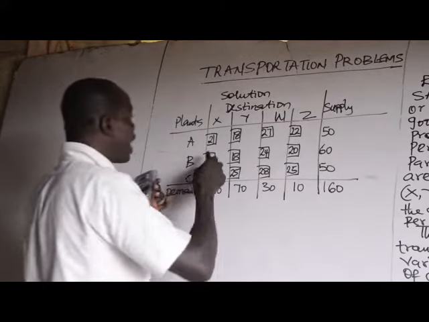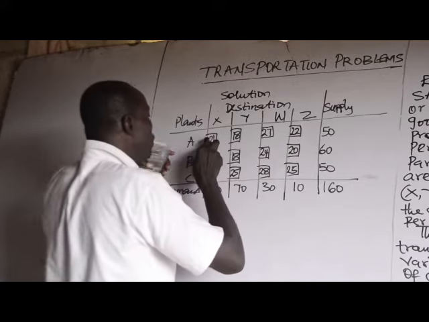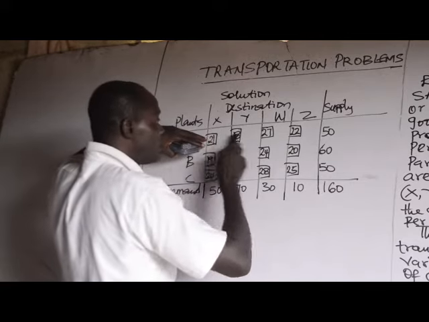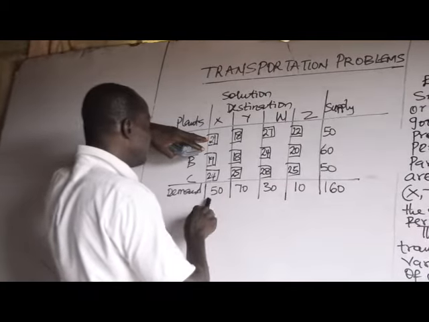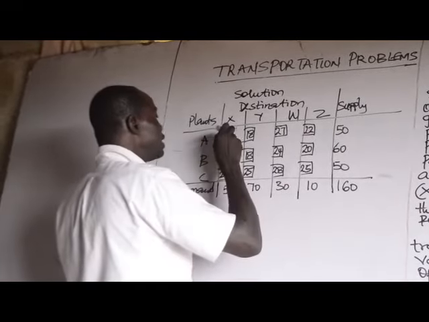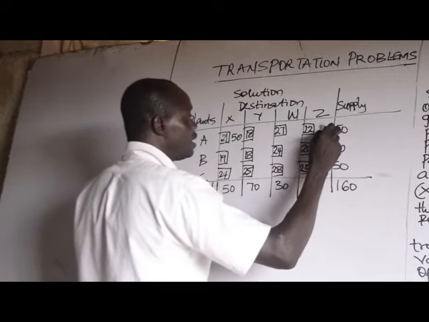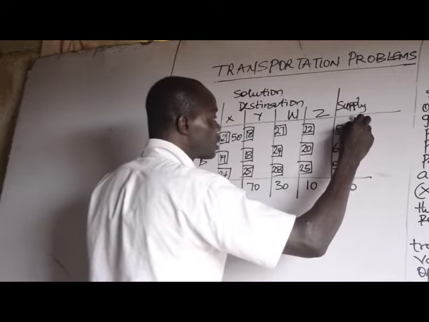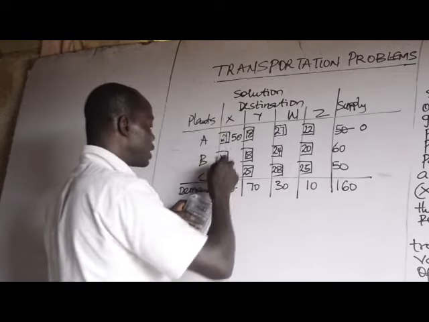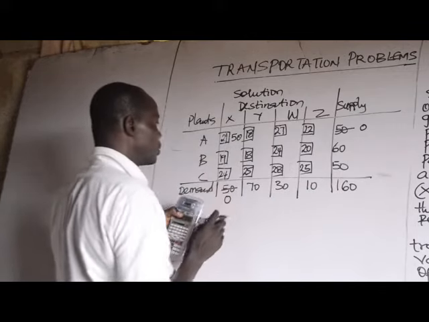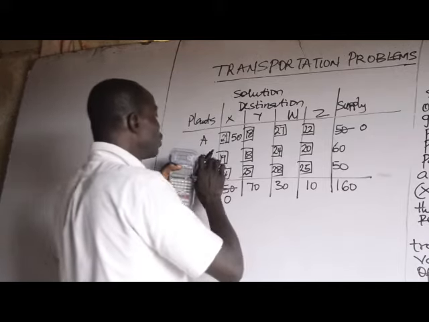The first cell is 21, so you make your maximum allocation to it. Supply is 50 and demand is 50, so you can allocate 50 here. That means you are left with 0 in this row and in this column. So this is exhausted. Now you move to the next one.